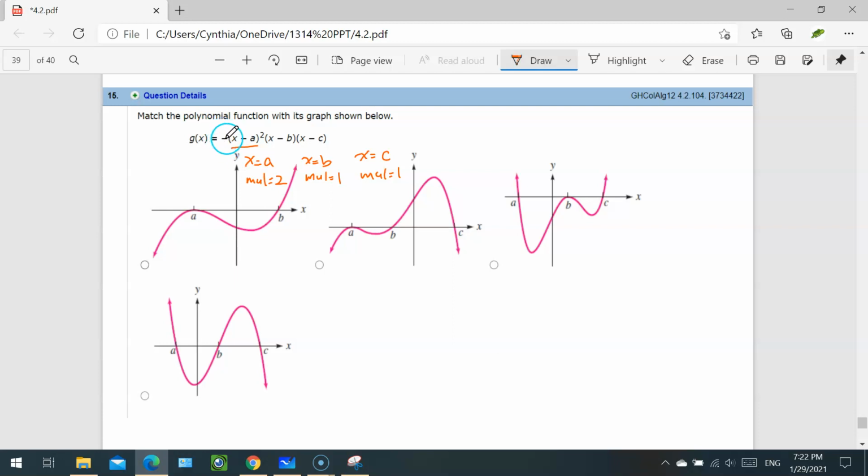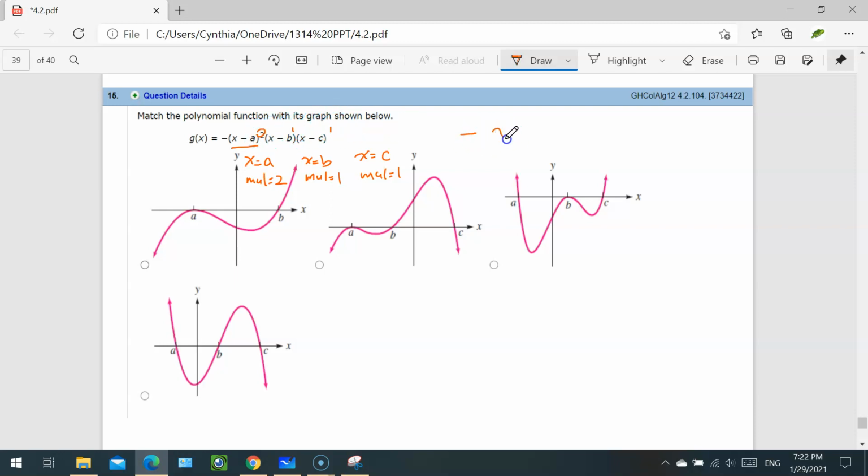Now, in front of the g function there is a negative sign, which means this is a negative polynomial function. How can I tell what the highest degree power is? This is power 2, multiplied by power 1, multiplied by another power 1. So we have 2, 3, 4.